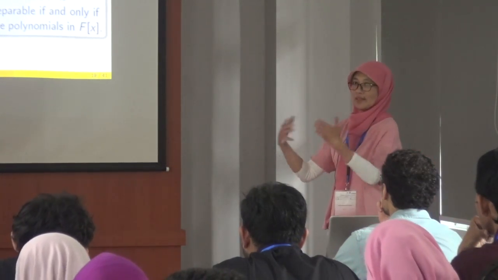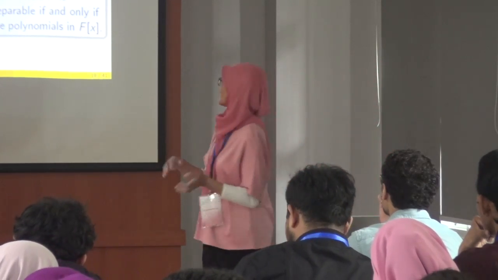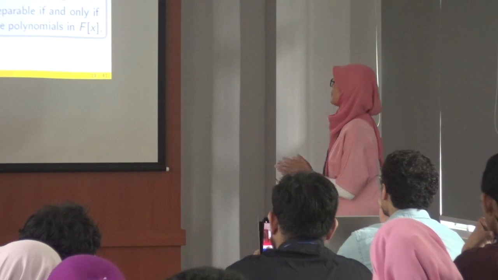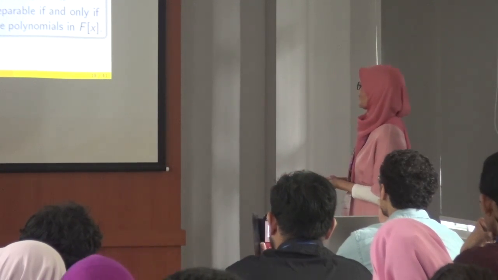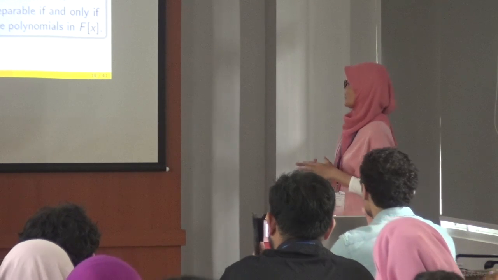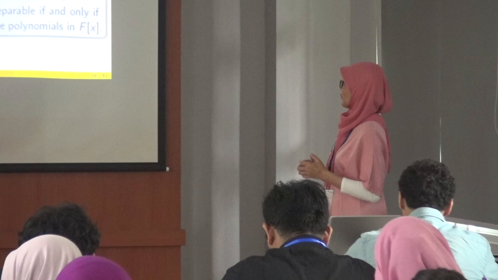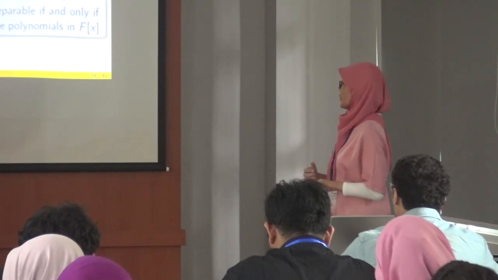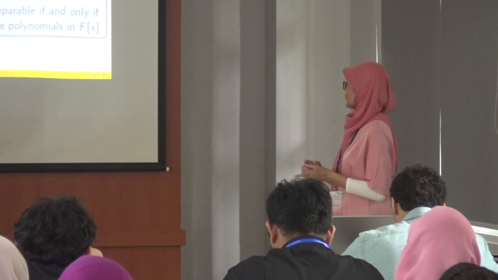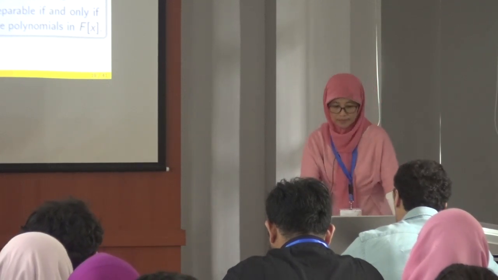You know, in our examples, most of them are over Q, and Q has characteristic 0, so most of them are separable. Also every irreducible polynomial over a finite field F is separable. A polynomial in F[x] is separable if and only if it is the product of distinct irreducible polynomials in F[x].